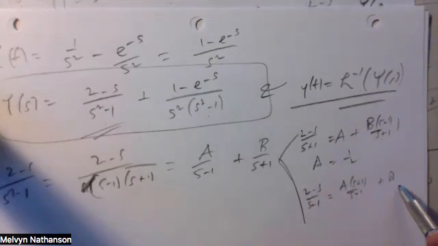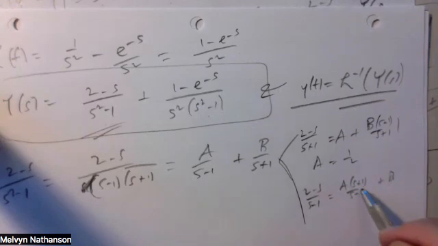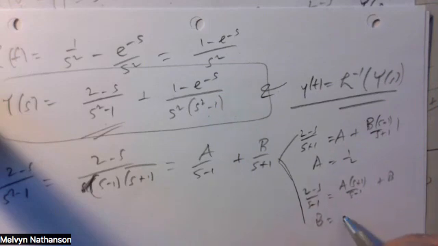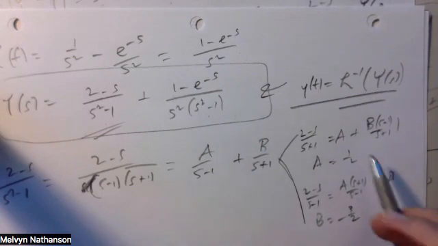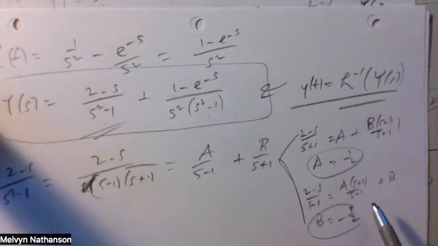If I let s equal minus 1, this is 0. I get b is equal to 3 over minus 2.